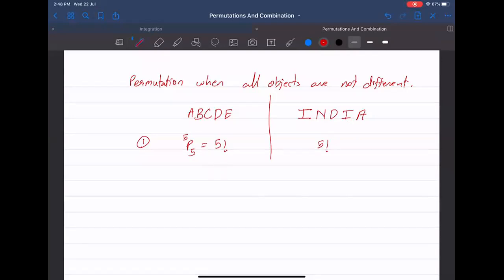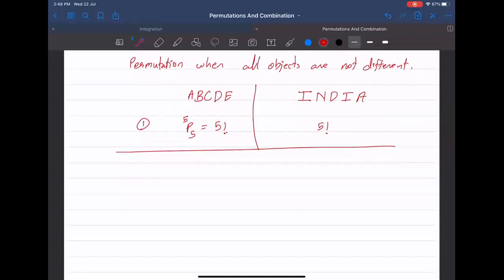So now let us understand by how much it will be reducing. Very important.